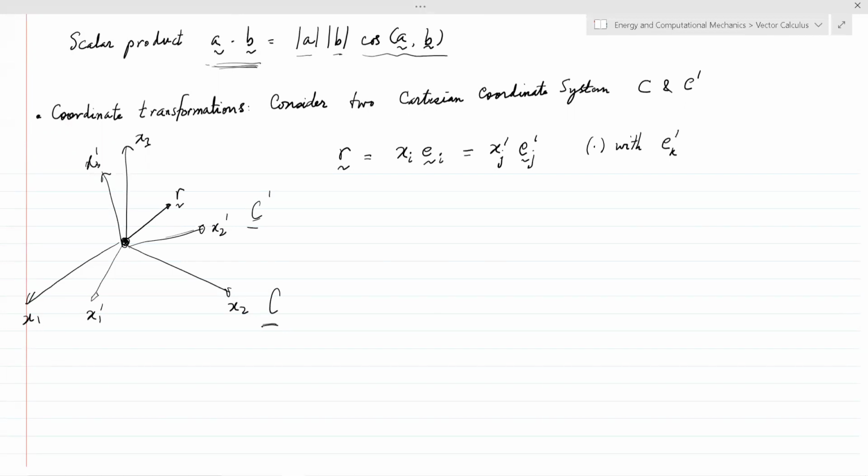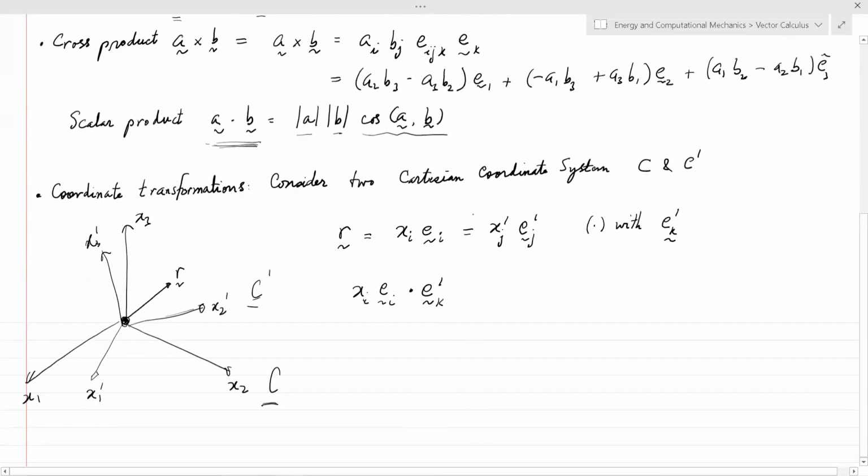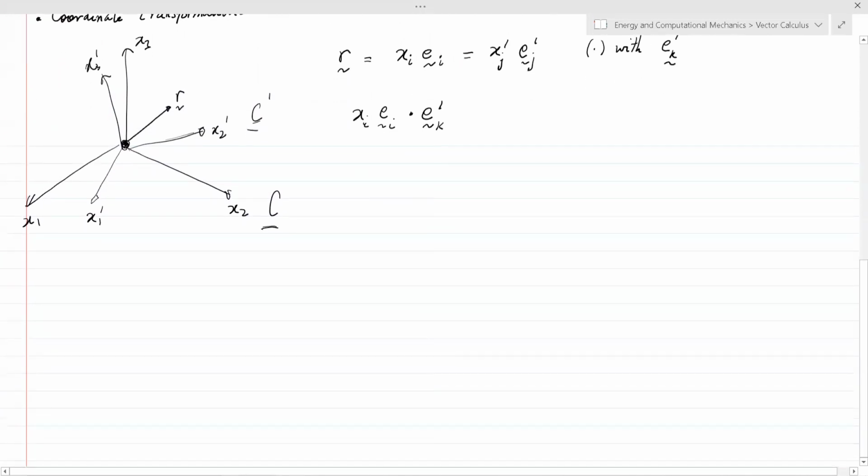So I have xi ei dotted with ek prime. And then on the other side, I have xj prime ej prime dotted with ek prime.